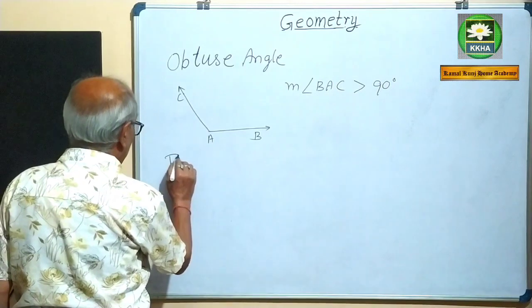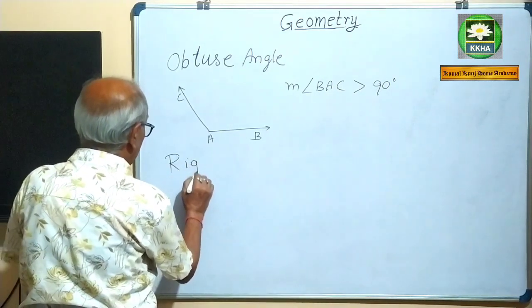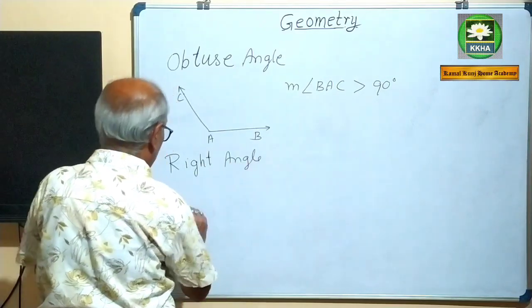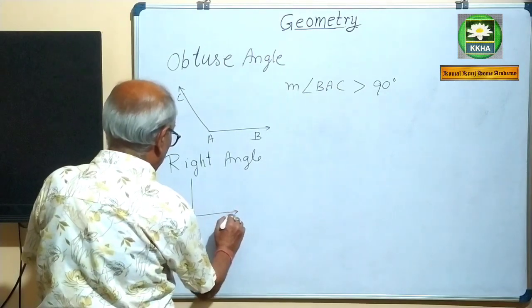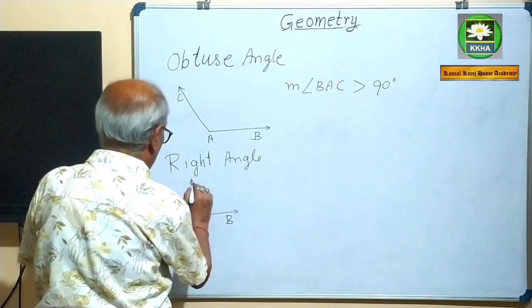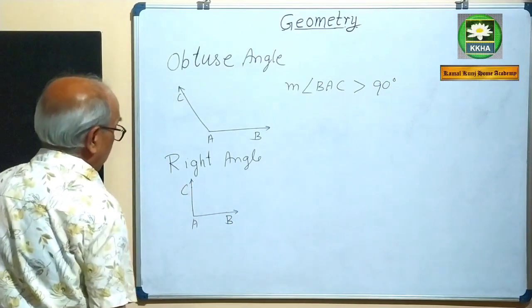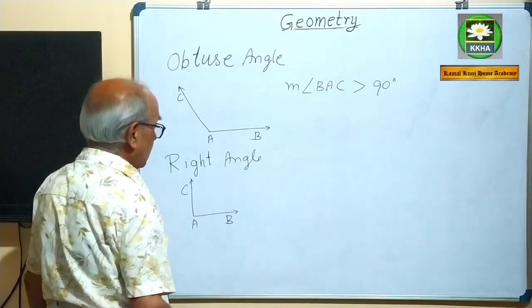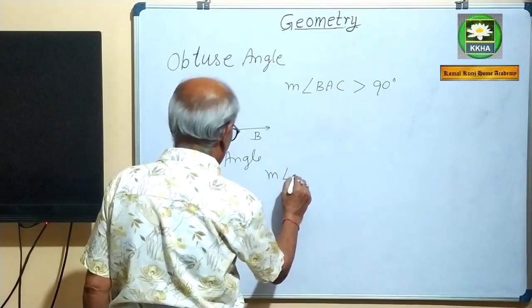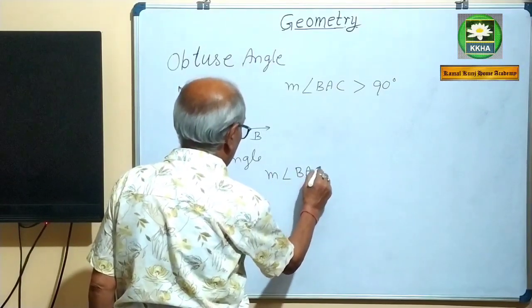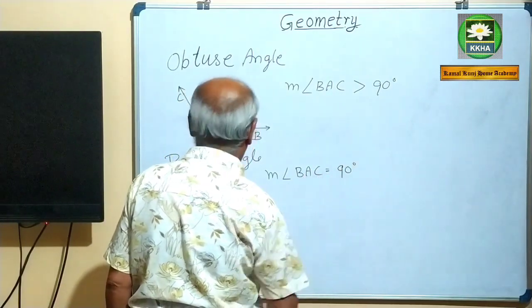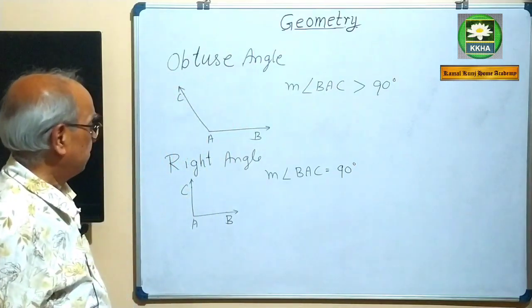What is a right angle? An angle is said to be a right angle if its measure is 90 degrees.